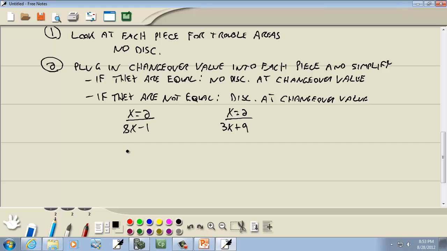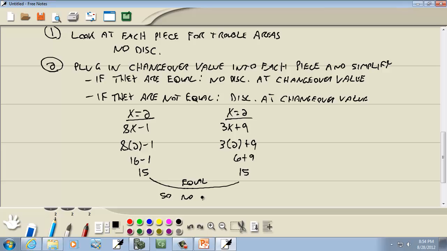Well, I got 8 times 2 minus 1 gives me 16 minus 1, or 15. Here I got 3 times 2 plus 9 gives us 6 plus 9, or 15. These are equal, so there's no discontinuity at x equals 2.